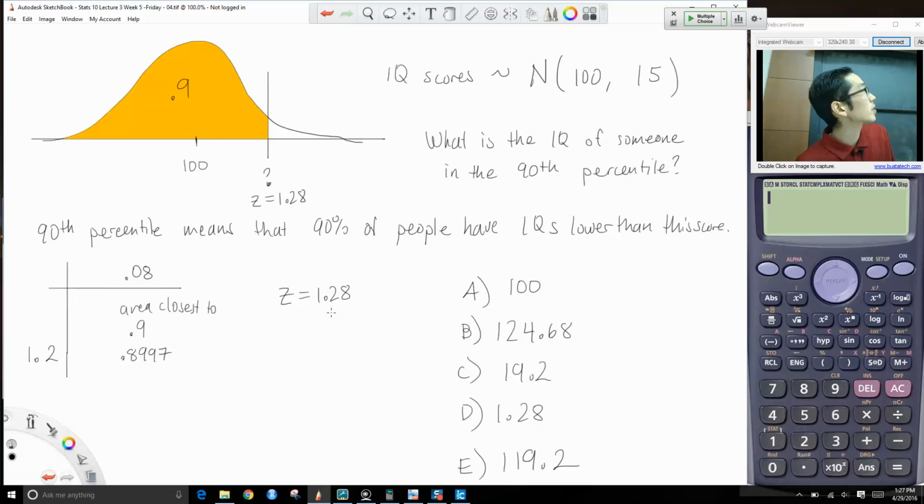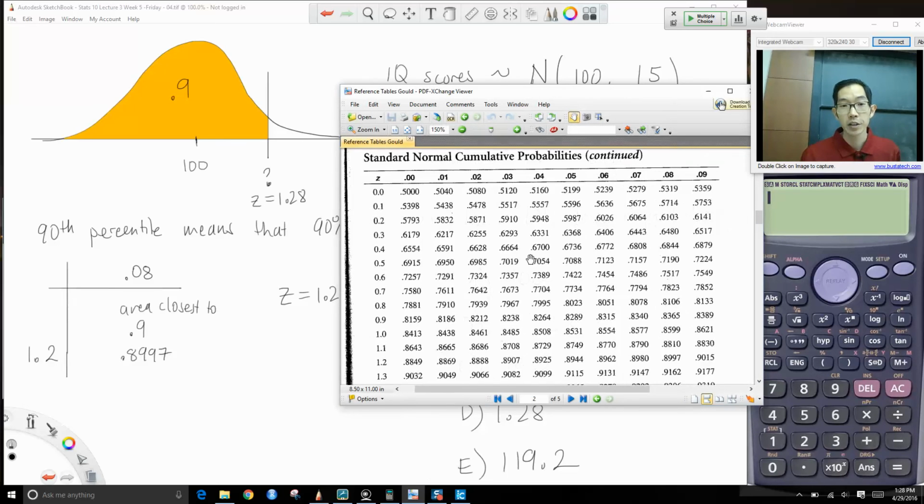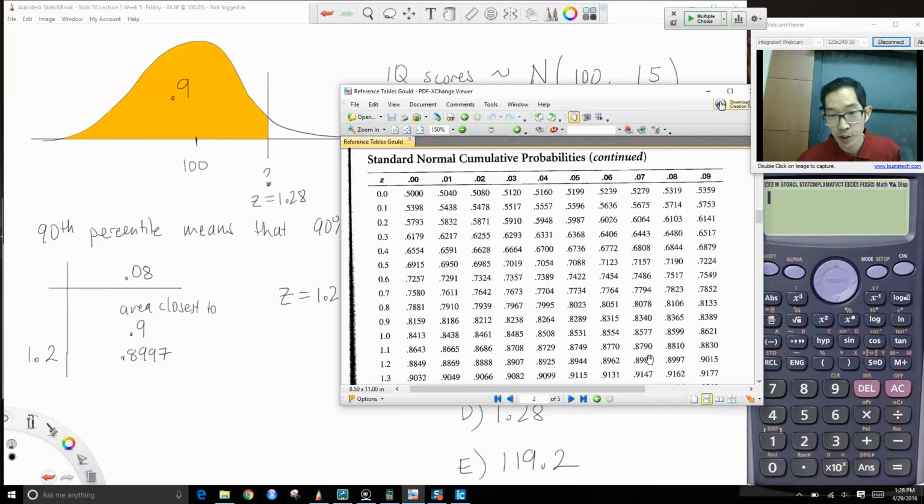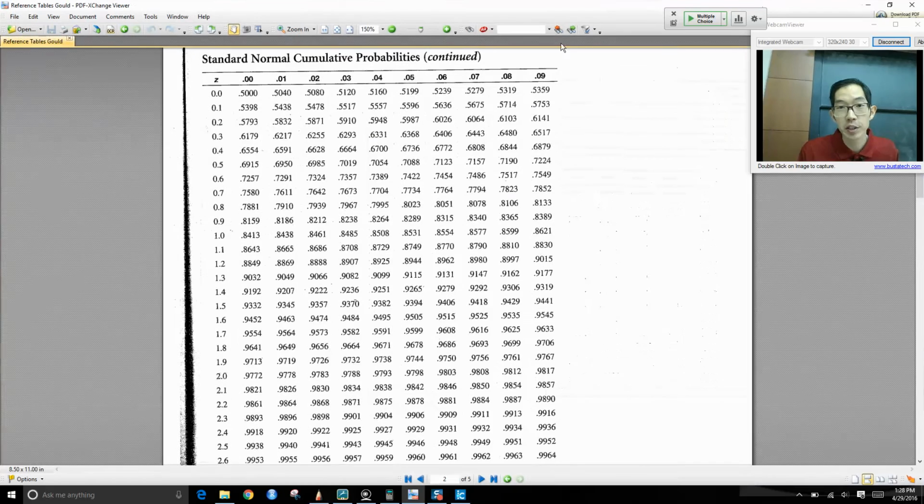Okay. Yes, question. Where did I get the 0.08? So I'm finding in my table, I'm looking for the area closest to 90%, and I have 0.8997 right here. Is that okay? So when I look at this, let me just zoom in at this table here.